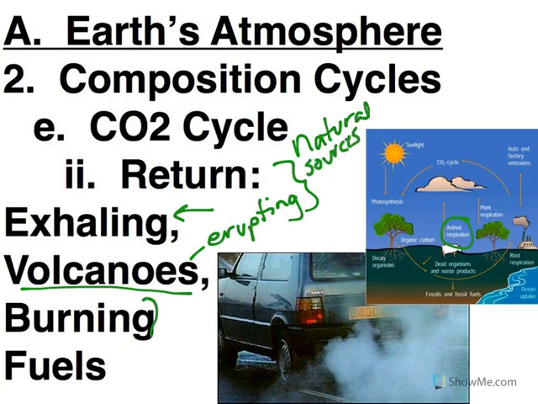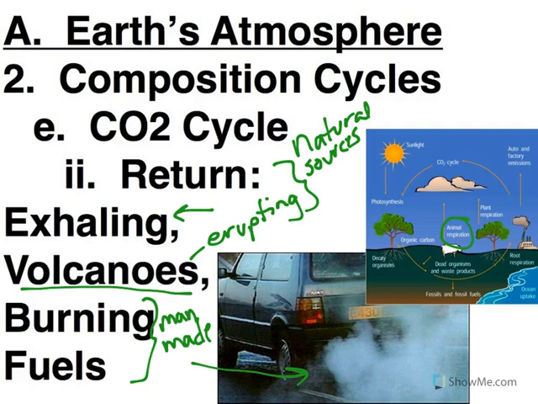Then we've added a man-made source, and that is burning fossil fuels. That's what we see here. Whether it's gas, oil, wood, coal, all of these things release carbon dioxide when burnt.